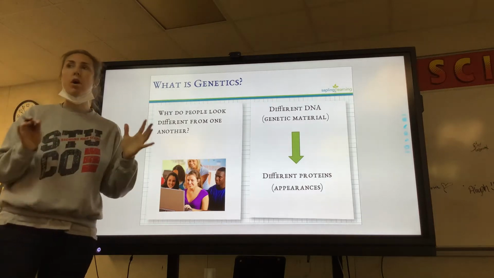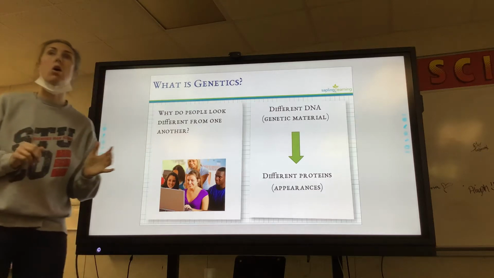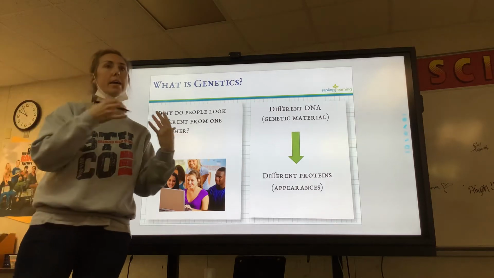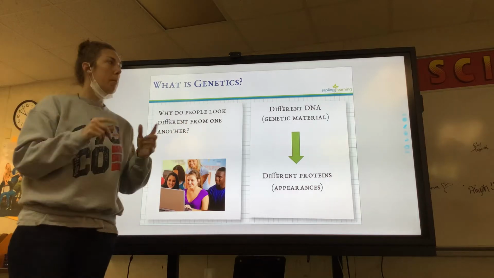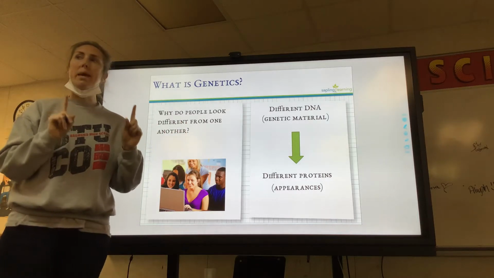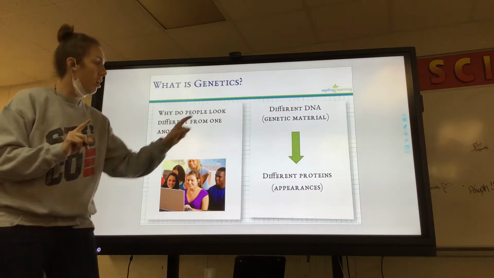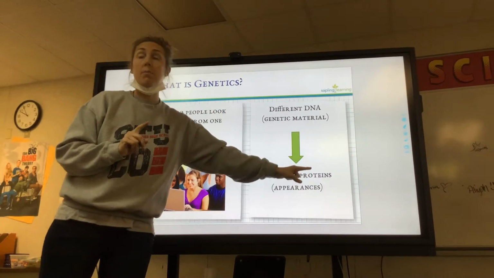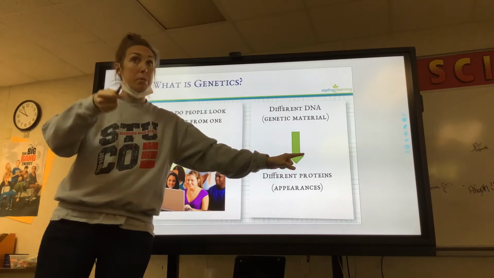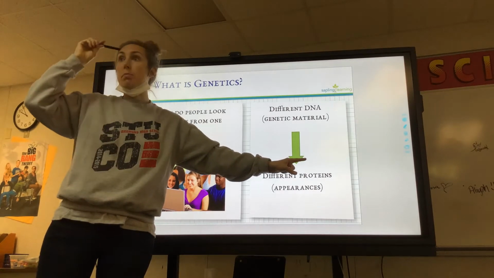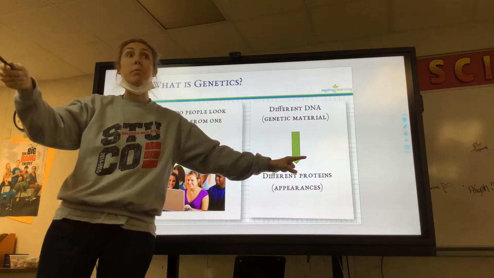Now, we all know the easy answer, which is, oh, the genetics. I get my looks from my parents, you get looks from your parents. But technically, what makes us look the way we look is our proteins. The proteins that build my eyes are a different color than the protein that builds your eyes. The protein that builds my hair is a different color than the protein that builds your hair.